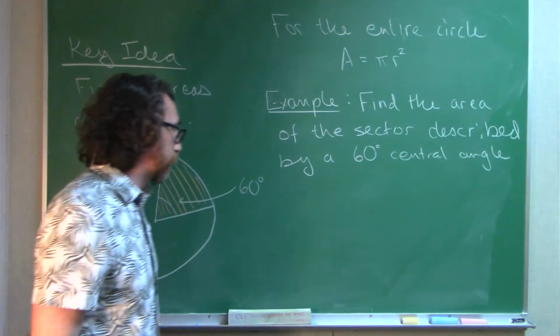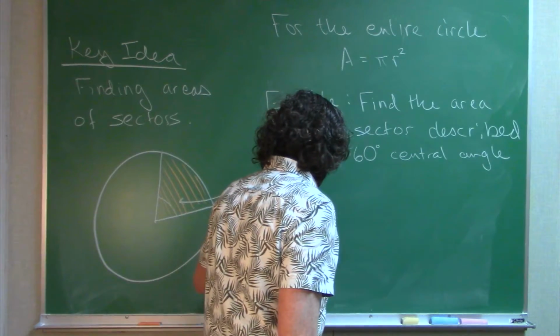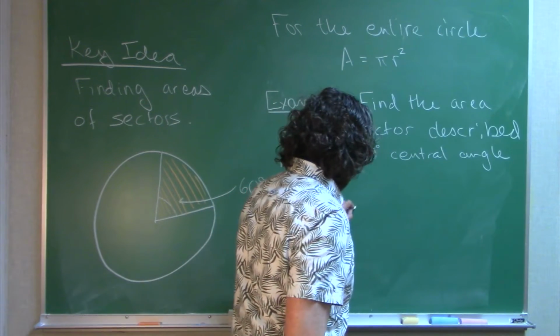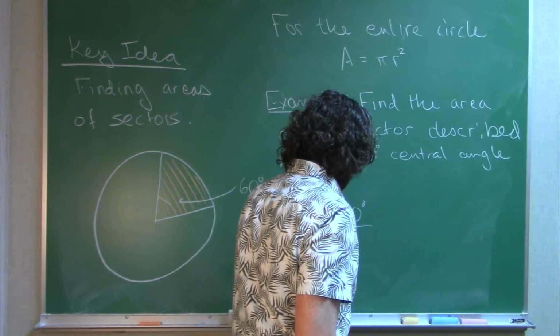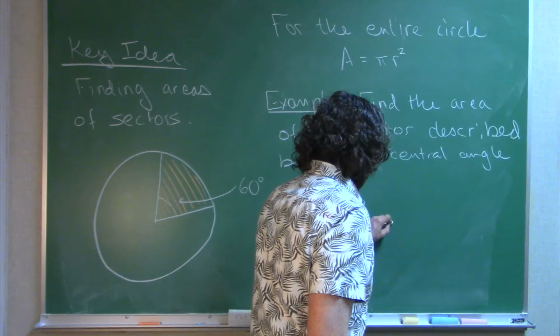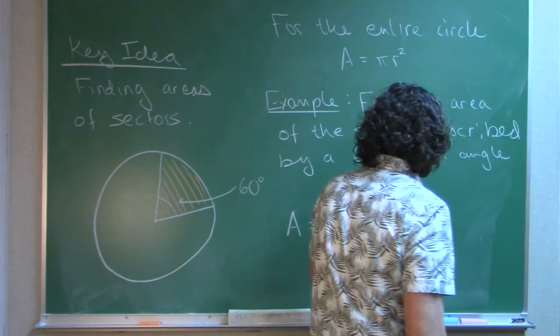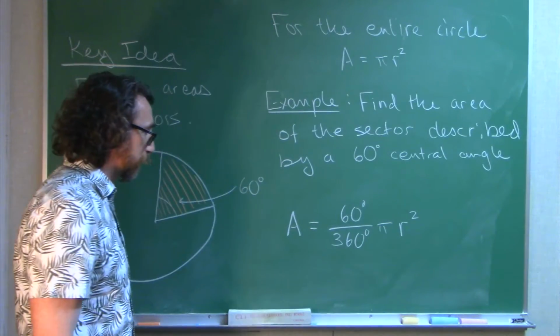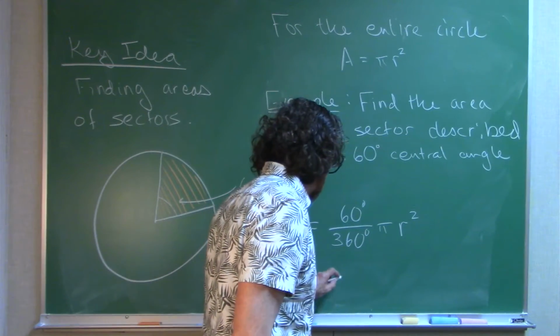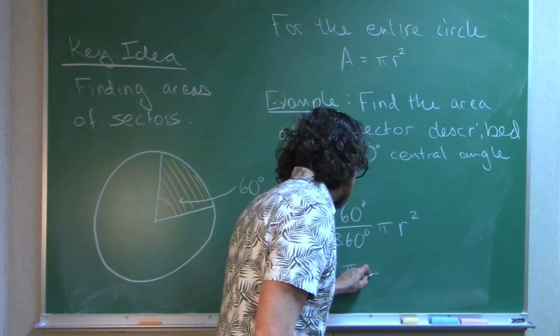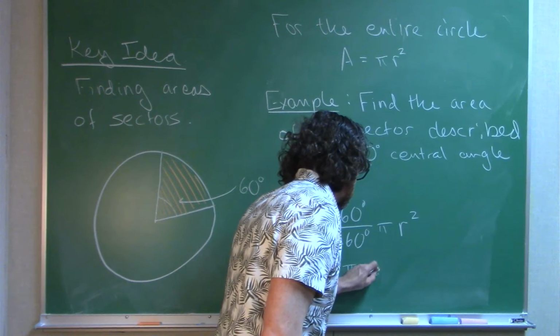Okay, so the area that I want, the area of the sector described in this picture, should be 60 degrees over 360 times pi r squared. Okay, so pi over 6 times the radius squared.